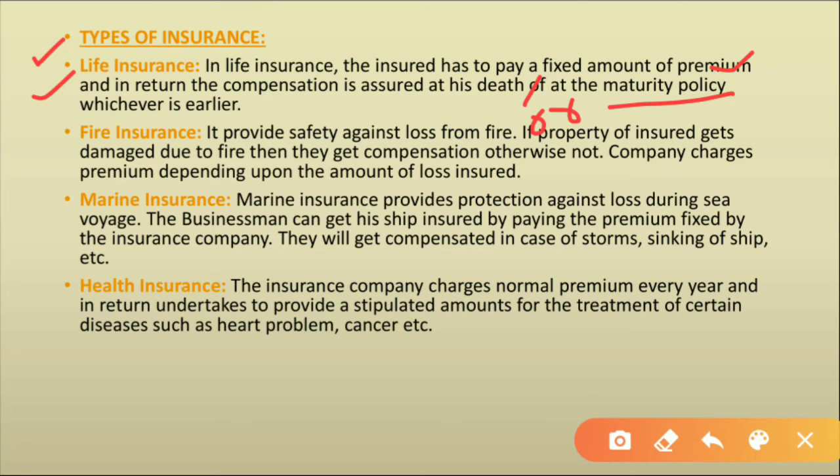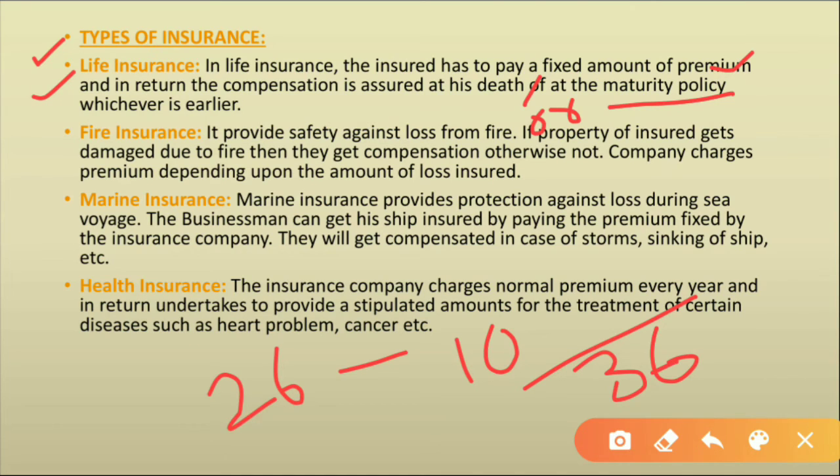Maturity period means, for example, I have taken an insurance policy and I am 26 now. If I have taken the insurance policy and the maturity period of the policy is 10 years, then after 10 years, when I am 36, I will get the policy money back. If I die before 36, then they have to give me the money.